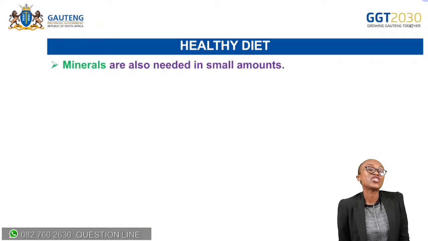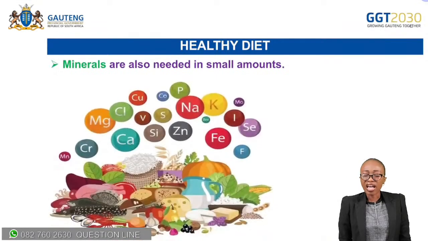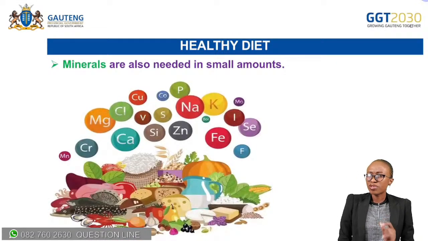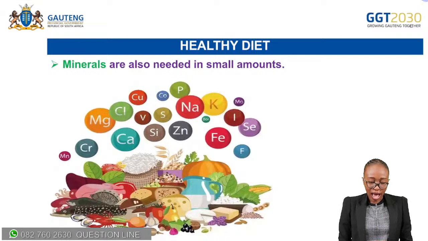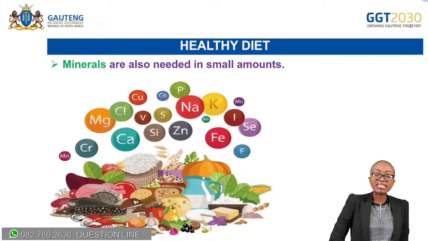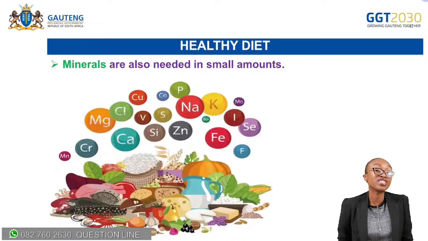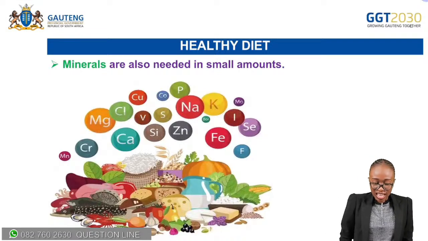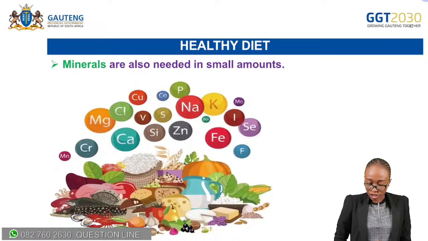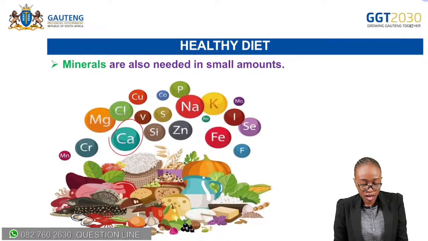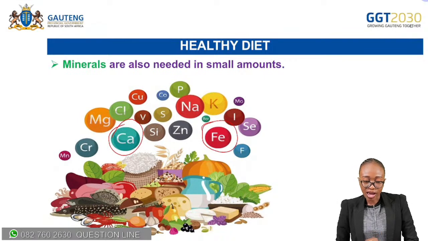Next, let's move on to minerals. Minerals are also needed, and they're also needed in small amounts as well. So I have a picture with me here showing the different number of minerals that are actually found in the food that we eat. Yes, so today we'll focus on two important ones, calcium and iron.